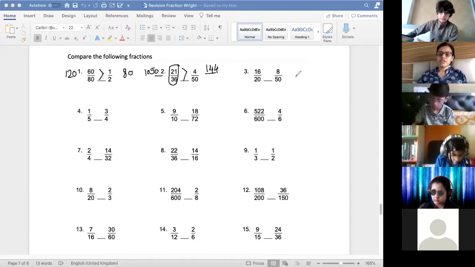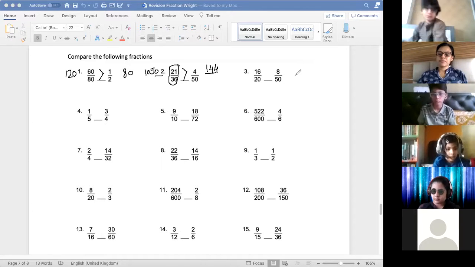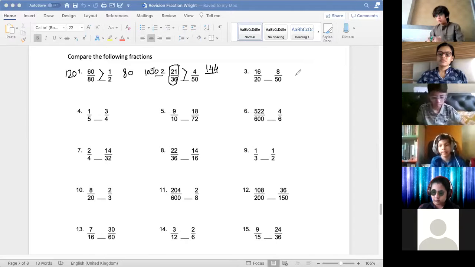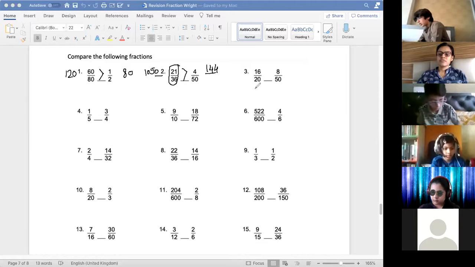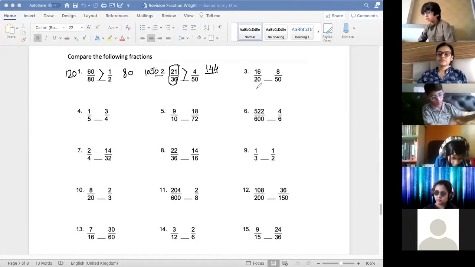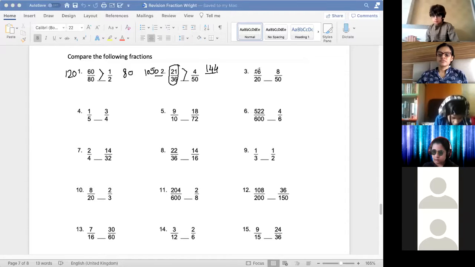What are you multiplying first? 16 and 50. Okay. We have to write in this book. You can continue doing it. Those who are faster in doing sums can continue with 4, 5, 6. Do it.